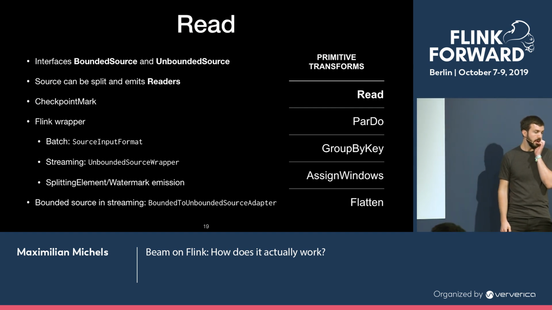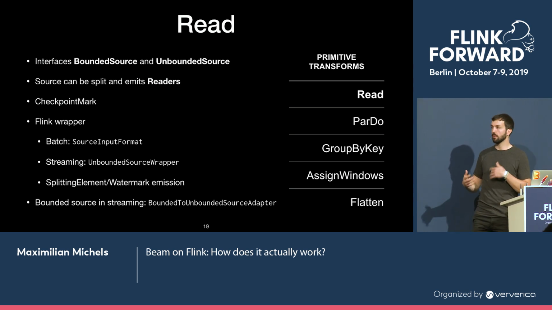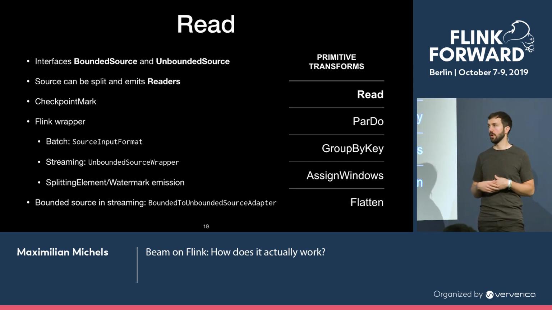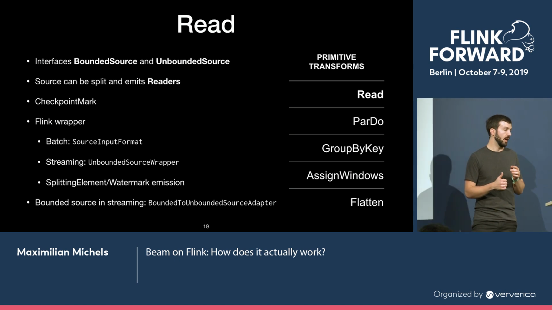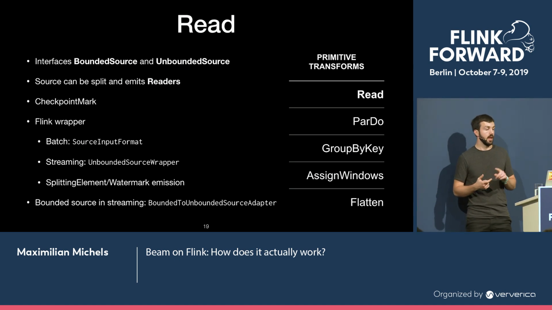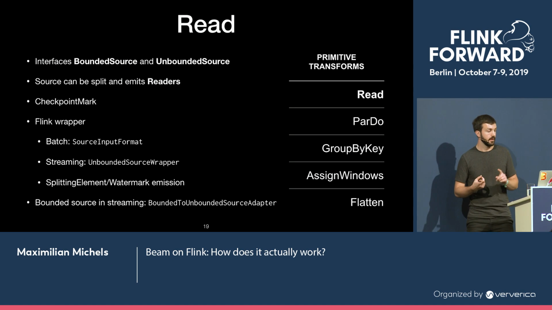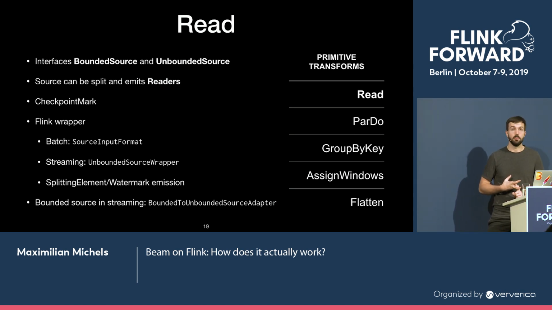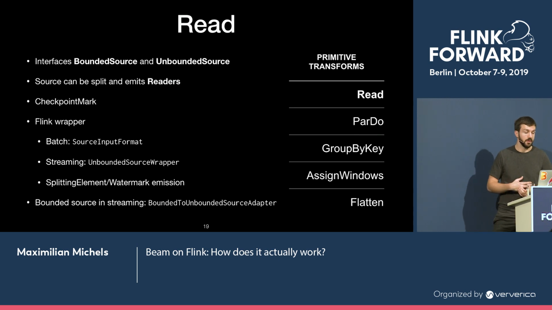And we support all the primitives that Beam offers, but on Flink. That's like splitting the source, emitting watermarks, and emitting elements, of course, from the source.